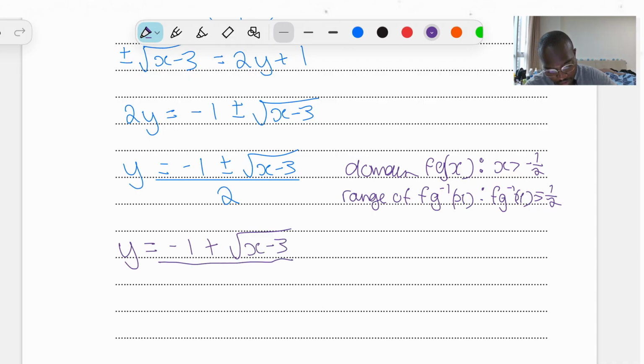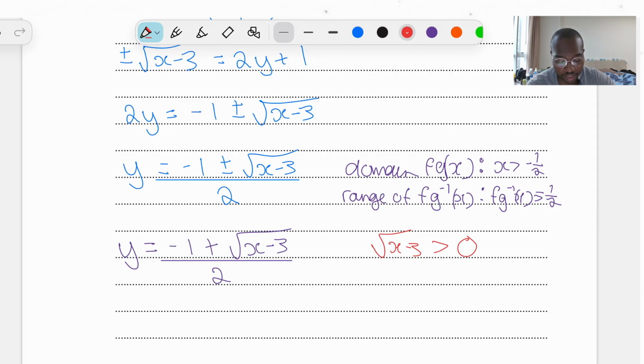Because if y has to be greater than minus a half, well, the square root of x minus 3 has to be a value greater than 0, which means that it has to be positive, which is why we can disregard the minus, and we're just left with minus 1 plus the square root of x minus 3 over 2.